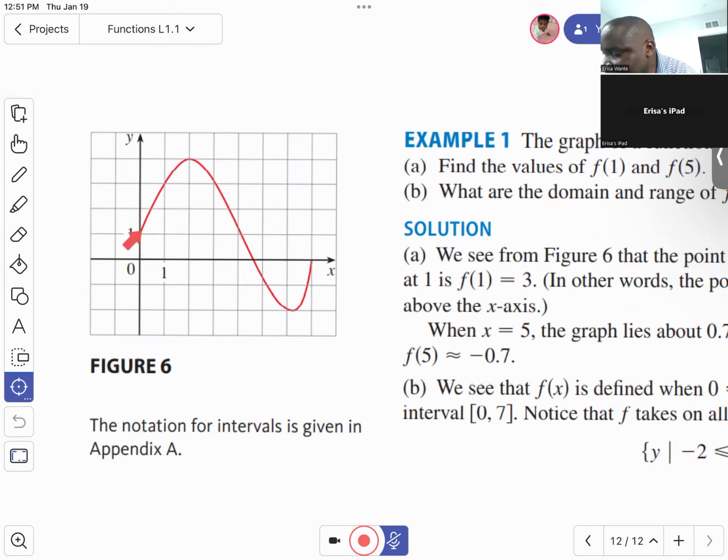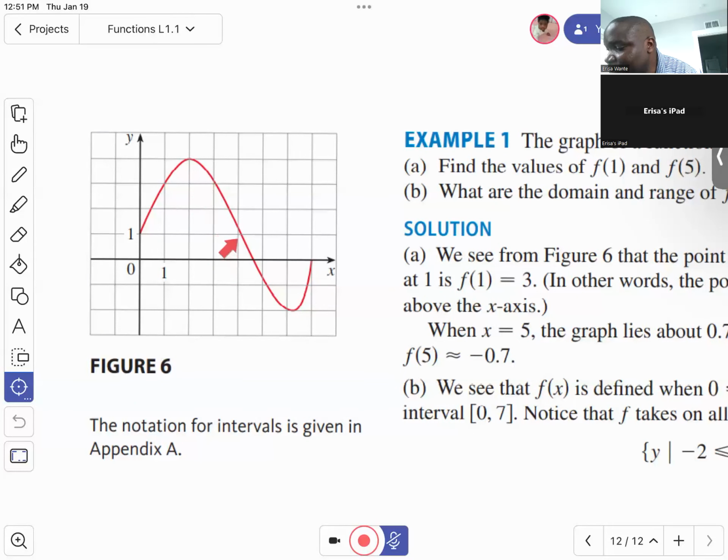0 has 1. And when x is equal to 1, the value of f of x on the vertical axis is equal to 3. When x is equal to 2, the value of f of x is equal to 4. You can see this is 1, 2, 3, and 4. So this point here is a plot of a pair which is 2 and 4. When x is equal to 3, this comes back to 3.